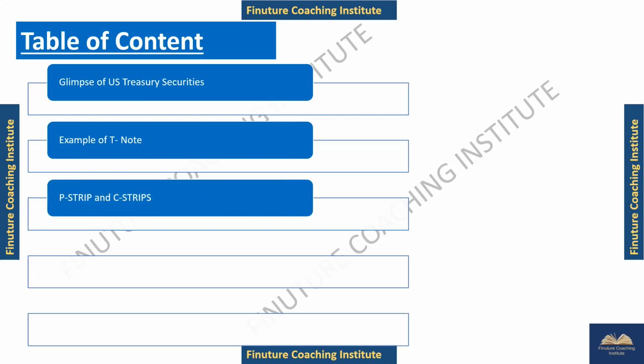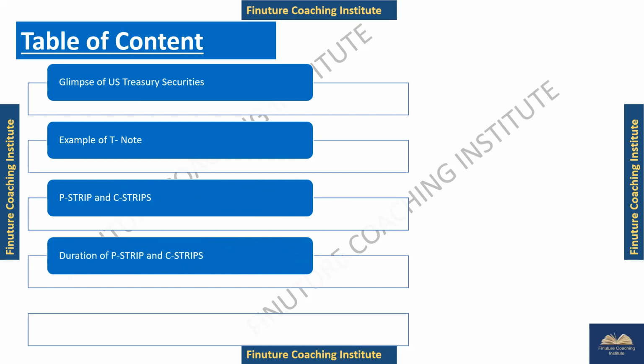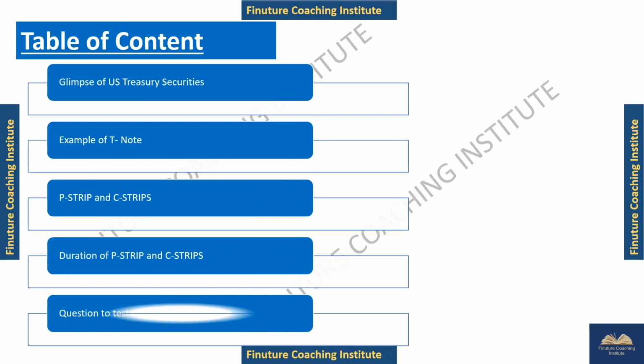And of course, the key topic, that is P strips and C strips. And then we'll cover the duration of P strips and C strips, most important. So duration is a separate concept, and the strip concept is separate. We'll combine them and understand both together. And then we'll see one question which will test your understanding when both the concepts arrive together.